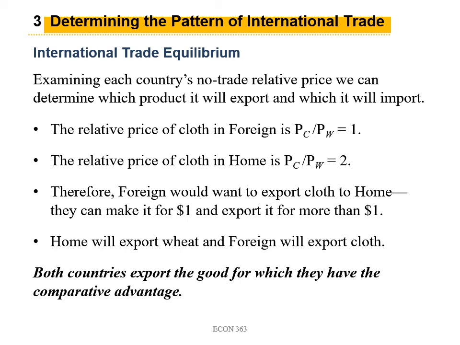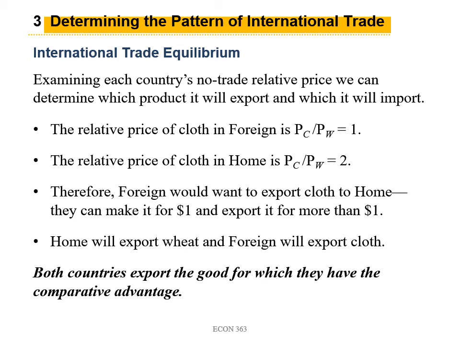Got that? In the foreign country, I'm a cloth producer. Every 1 unit of cloth I produce gets me 1 unit of wheat. That's what PC divided by PW equals 1 means.